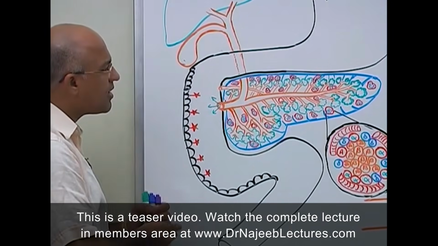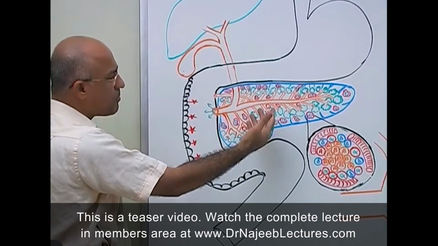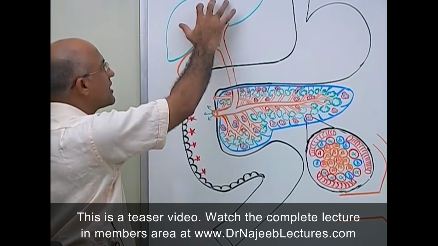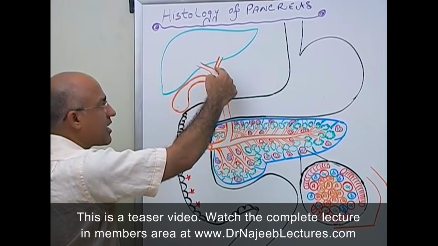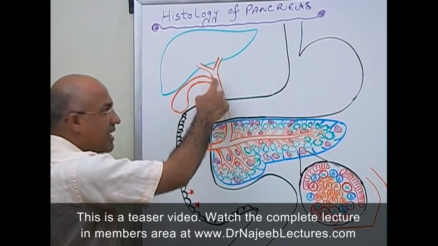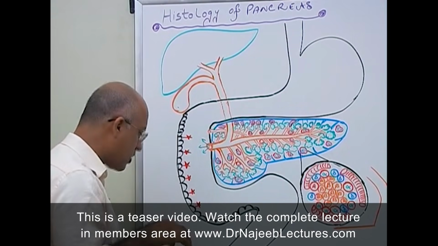Now first of all we'll talk about the relationship of pancreatic duct with the bile duct system. So let's suppose, look, here is the liver. From the liver there is right hepatic duct and left hepatic duct, and right and left hepatic duct together make common hepatic duct. And here is gallbladder with the cystic duct, right? Let me explain it more clearly.